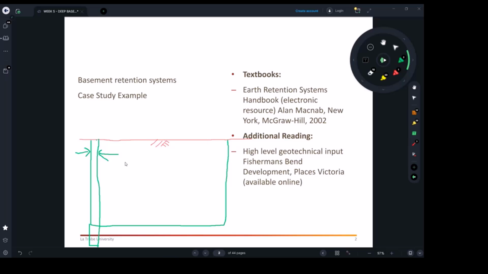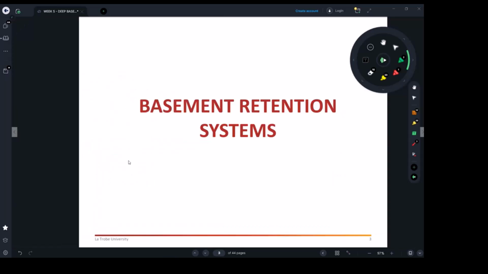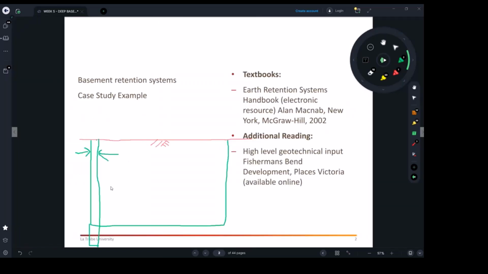If it was only one level, 3 meters deep, then you may survive with 450 diameter piles. If you're going to go deeper, you can go up to 900 diameter piles. Okay, and again, that's more complication, and you need more propping.